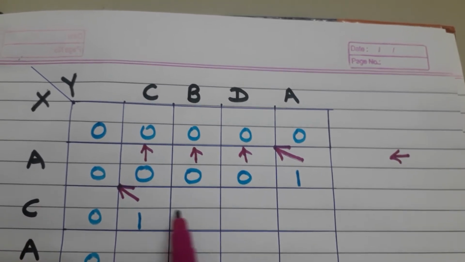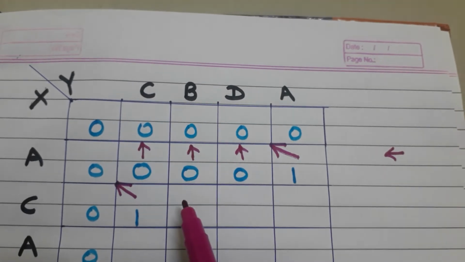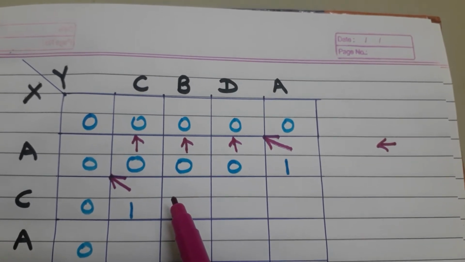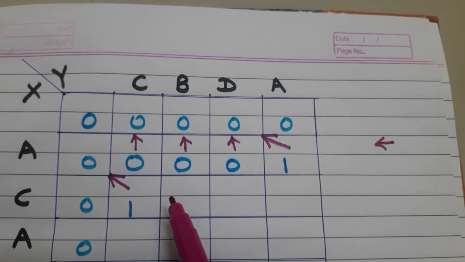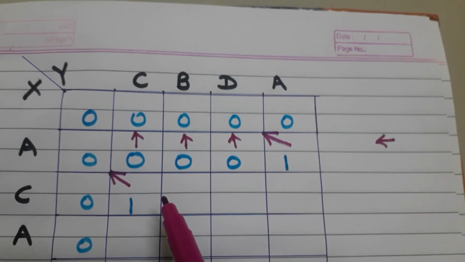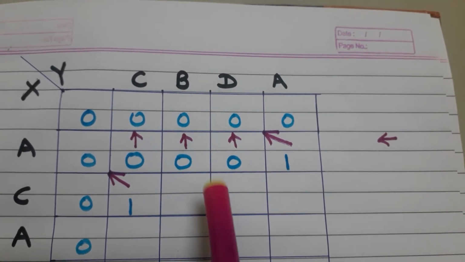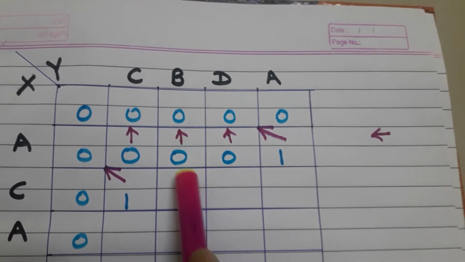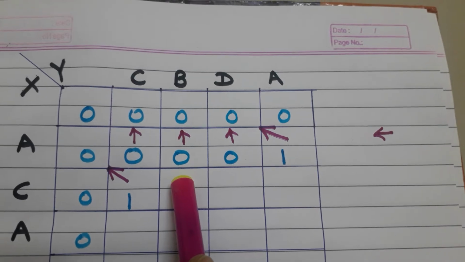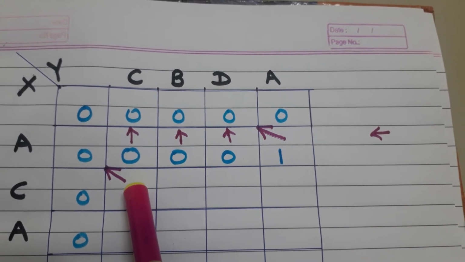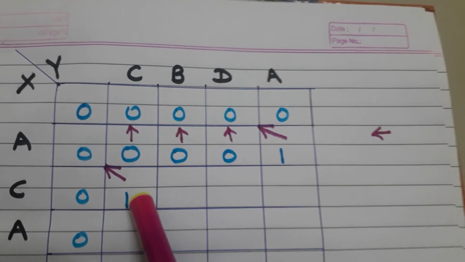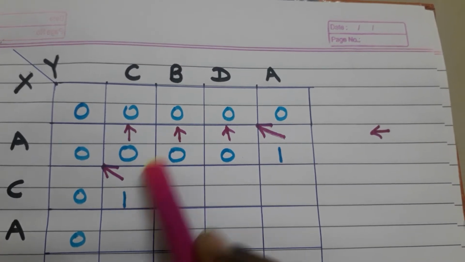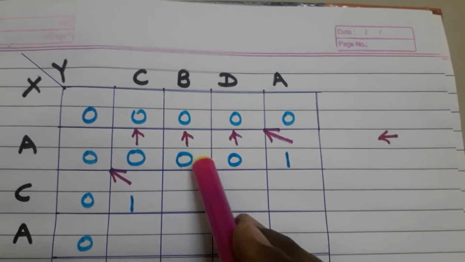Okay, again we have to fill this cell. Here C is given and here B is given. Both are different, so we take the maximum value from the previous column and previous row. To fill this cell, we consider this cell and this cell. Here 1 and 0 are given, and the maximum between them is 1.